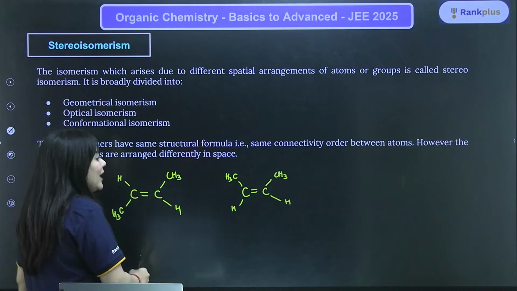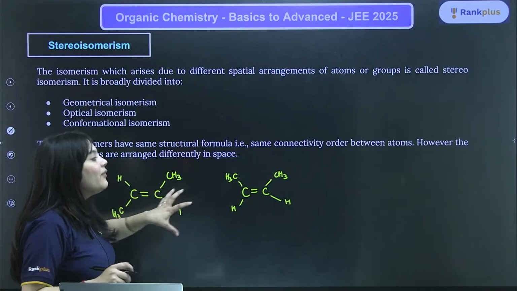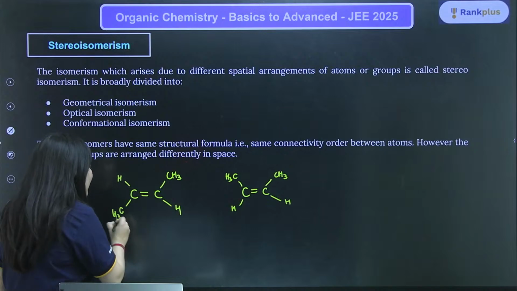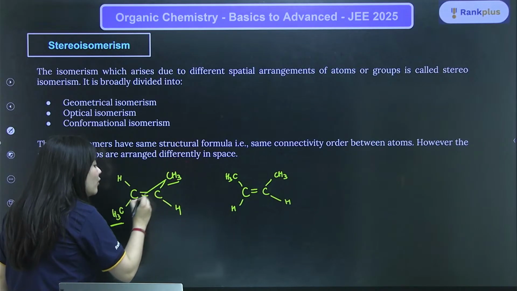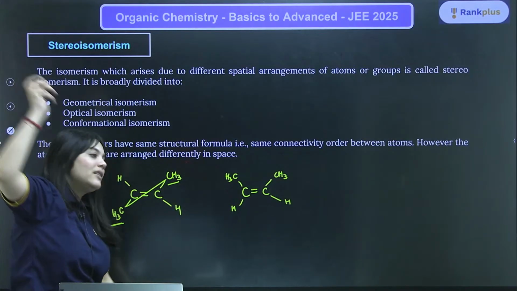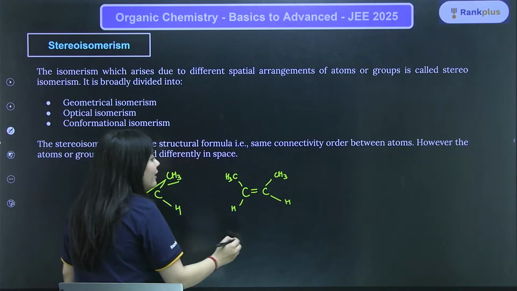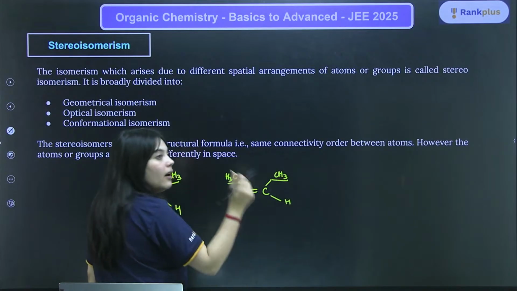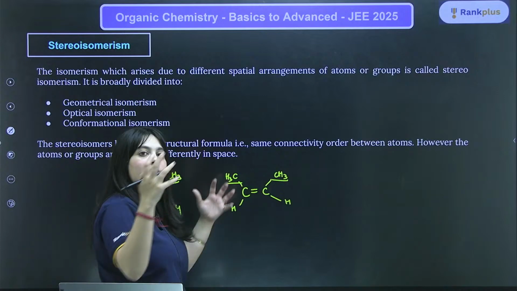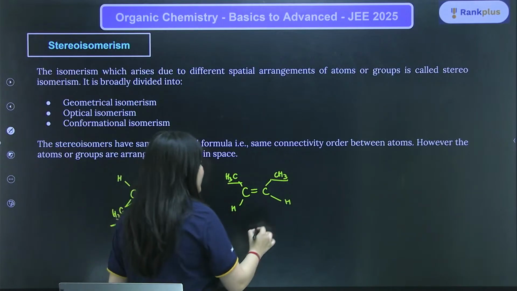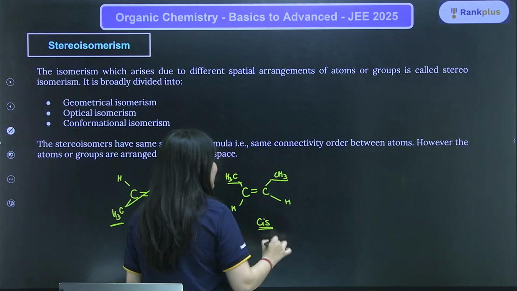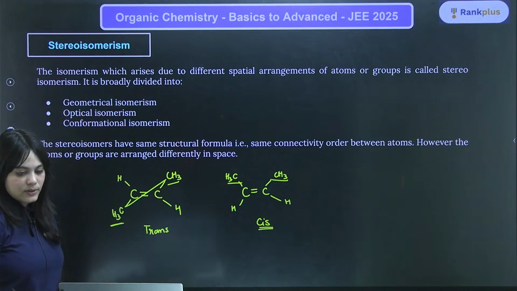Understood? The rotation is not allowed. So when the similar groups are present at 180 degrees to each other, on opposite ends, these are called trans isomers, right? And when the similar groups are on the same side of the double bond, these are called cis isomers. Is this clear? These are called cis isomers, right?